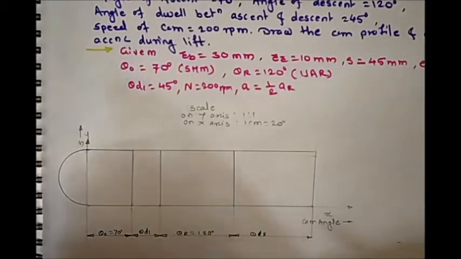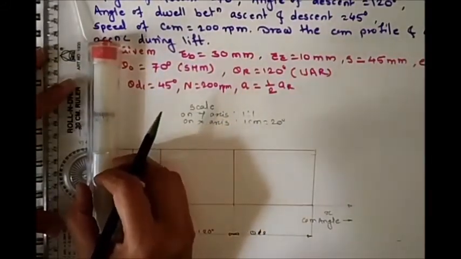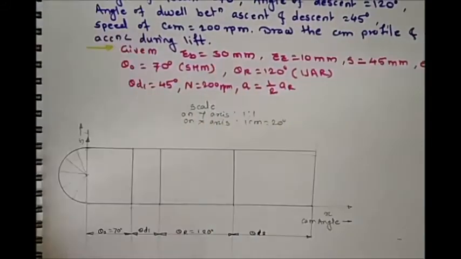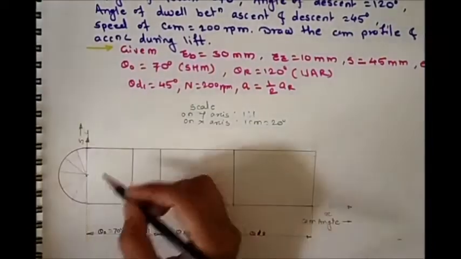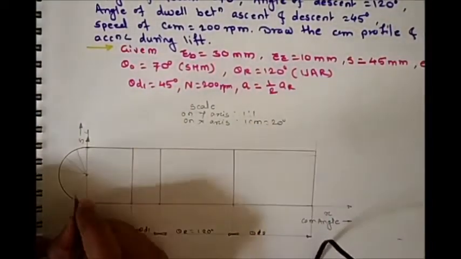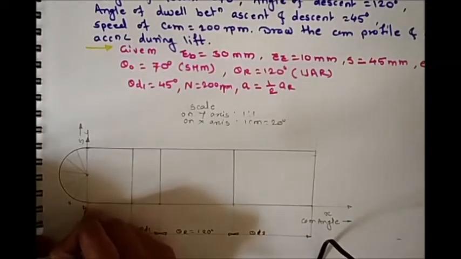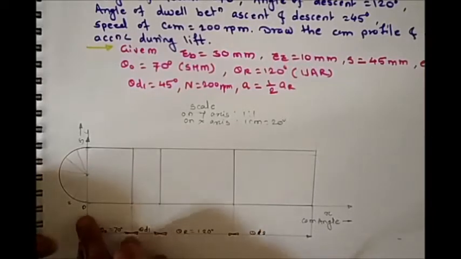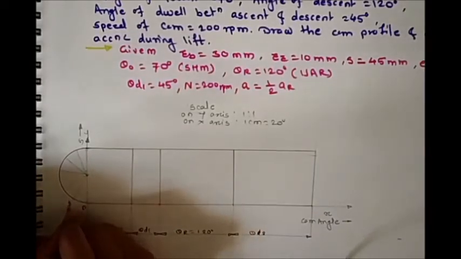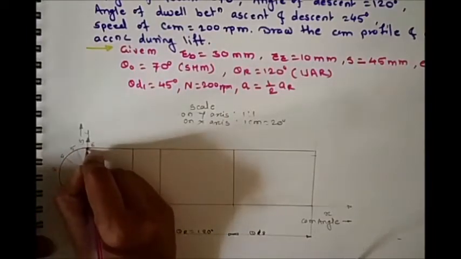For that let's use the protractor, taking 30 degree angle. Let's give the marking. It starts from 0, then 1, 2, 3, 4, 5, and this is part 6.